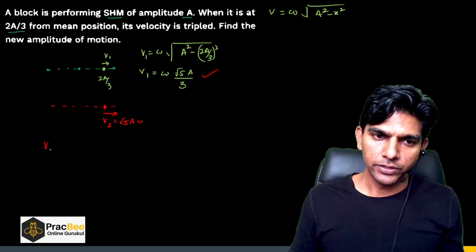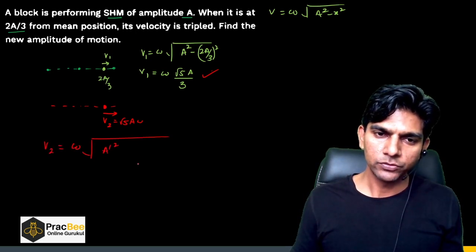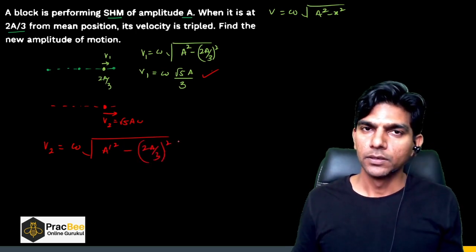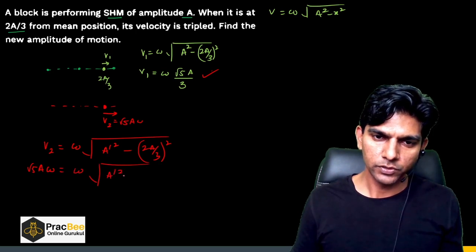So we can say v2 will be omega root of new amplitude square minus position 2A by 3 only, right? So v2 is root 5 A omega, equal to omega root of A prime square minus 4A square by 9.